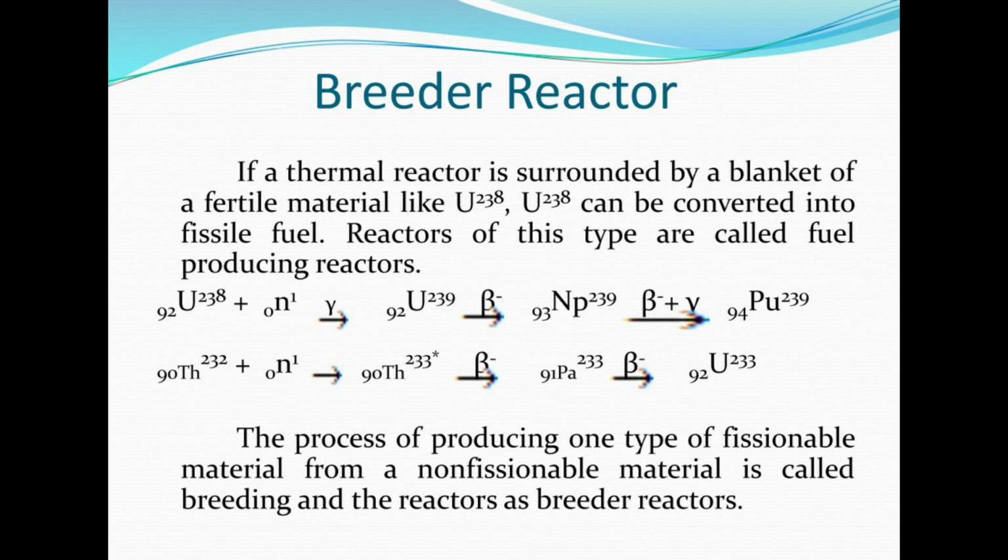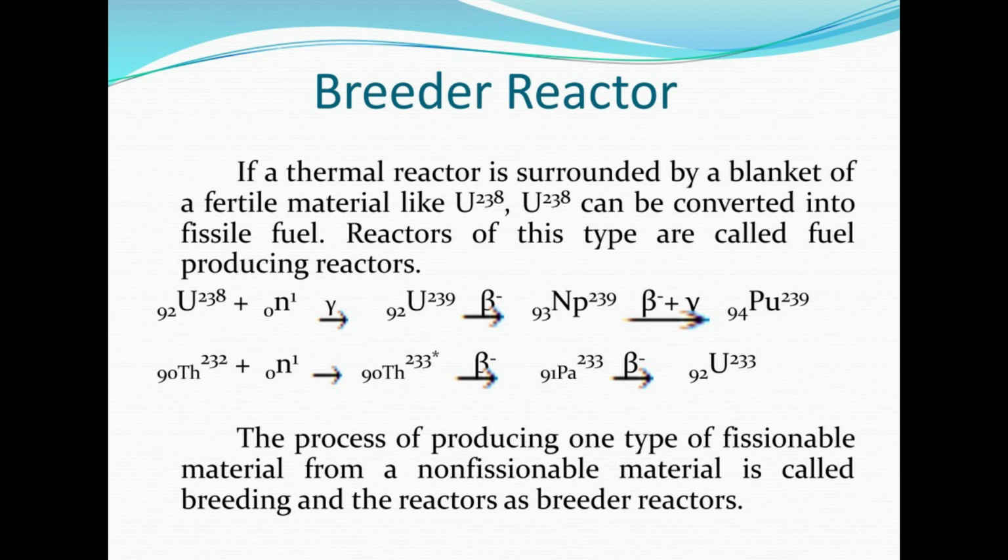Uranium-238 captures neutron to form uranium-239. This is followed by beta emission to form neptunium-239. Neptunium-239 is also radioactive. It emits a beta particle to form plutonium-239.